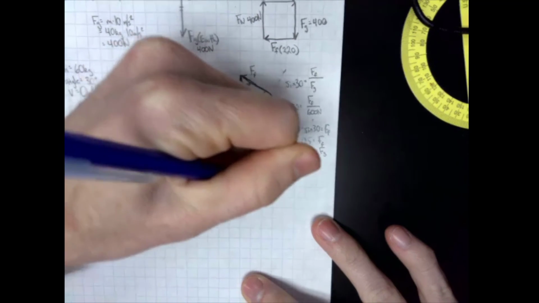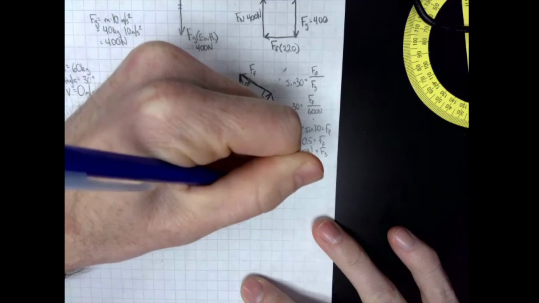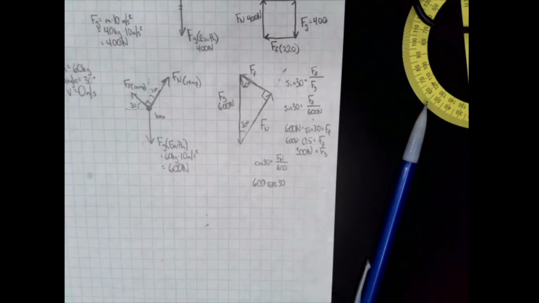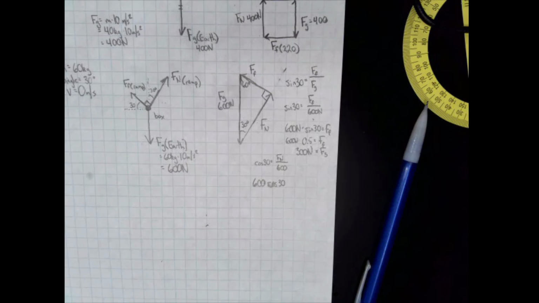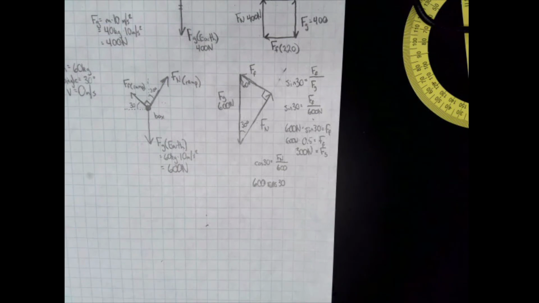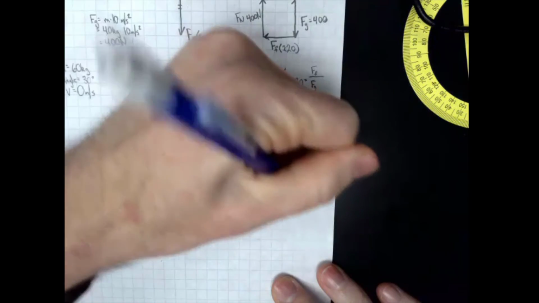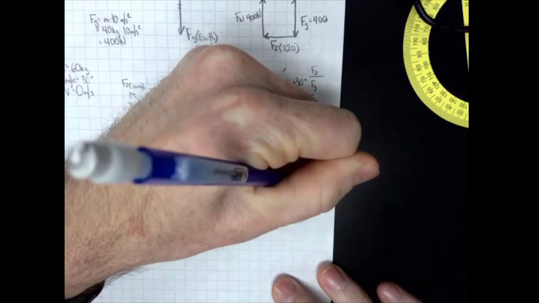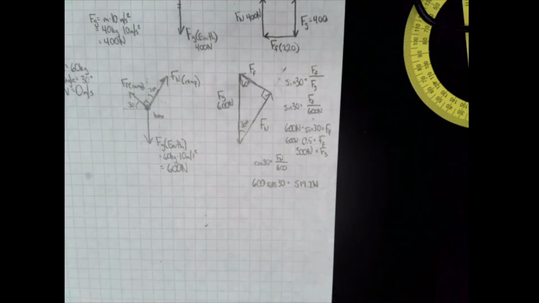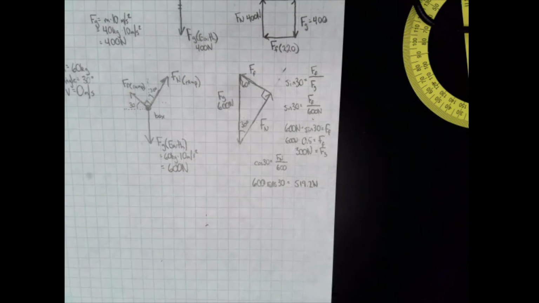So 600 times cosine 30 gives me right about 519.2 newtons. So that's problem number 2.